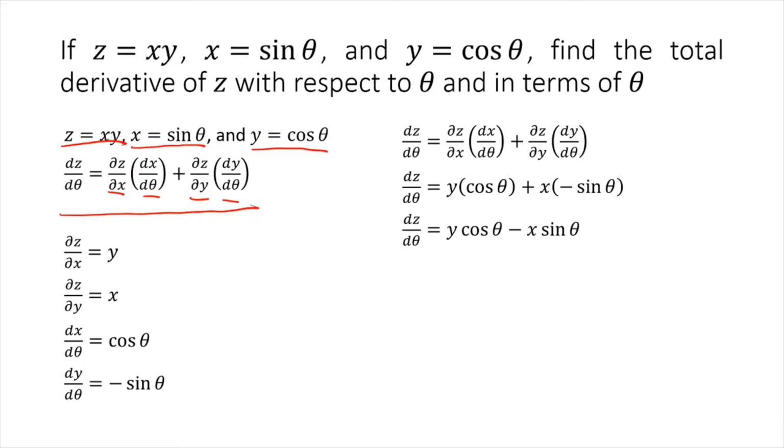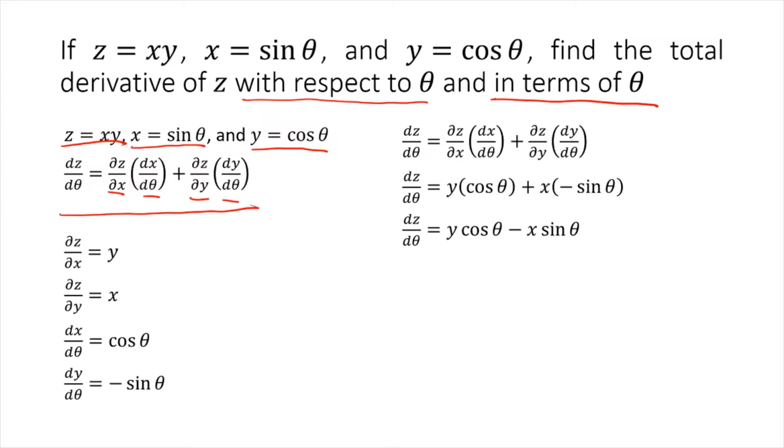Going back to the problem, we are required to do two things. Take the total derivative of z with respect to theta. We already did this part. And then we have to express it in terms of theta only. This means we should only see the variable theta on the right side of the equation, so we have to convert y and x to their equivalent expressions in terms of theta.